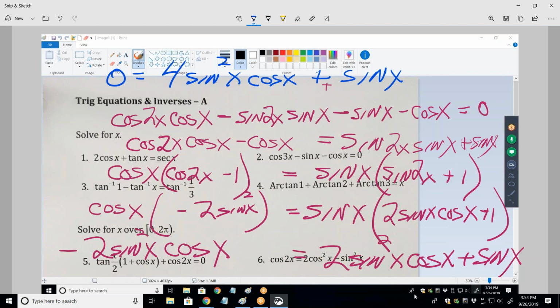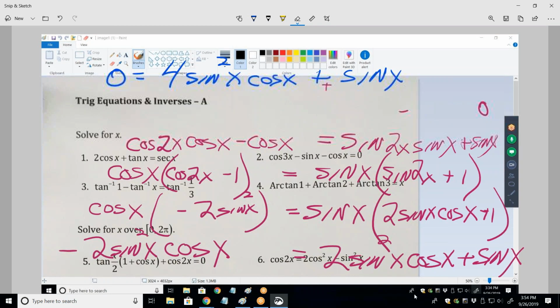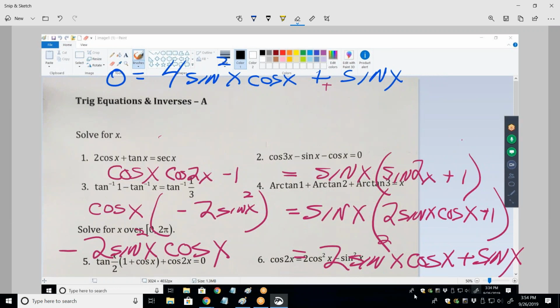Now what? Could we divide it by sine? We can divide everything, both sides of the equation, by sine x, which gives us 4 sine x cosine x plus 1. Wait, would that remove a solution? Would we really need to factor it out? You're right, absolutely.